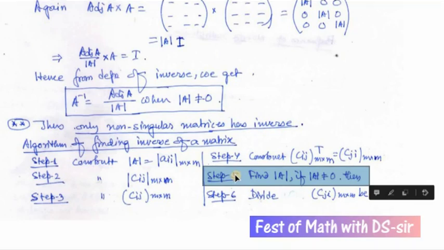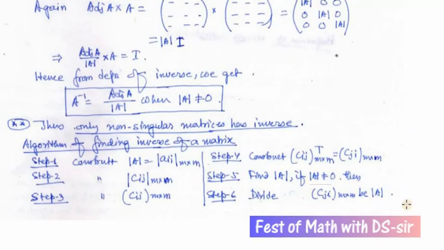In practice, we will follow this step as a part of step 1, so you can omit this step. So after step 4, divide this matrix by delta. When delta is not equal to 0, we will have the inverse.